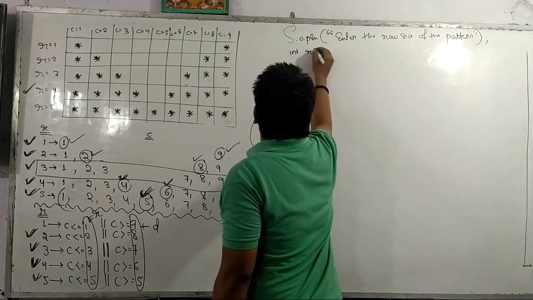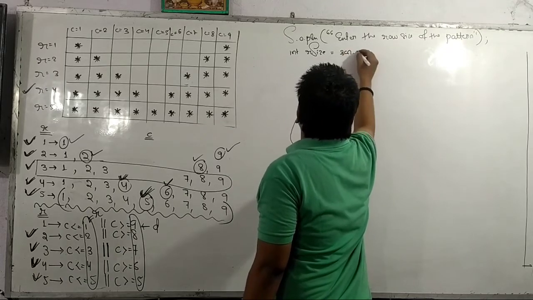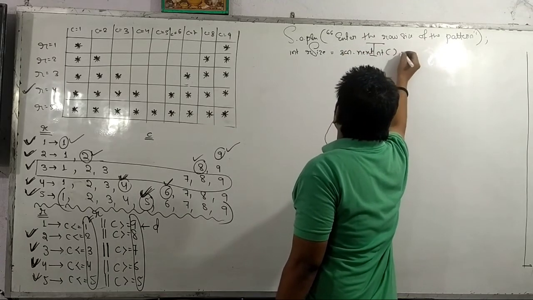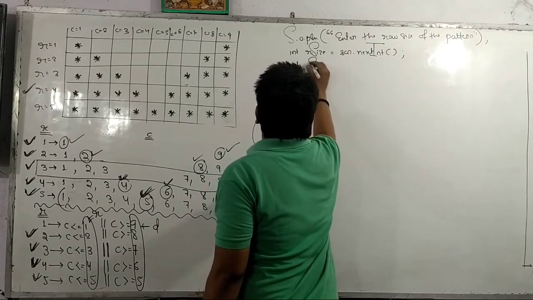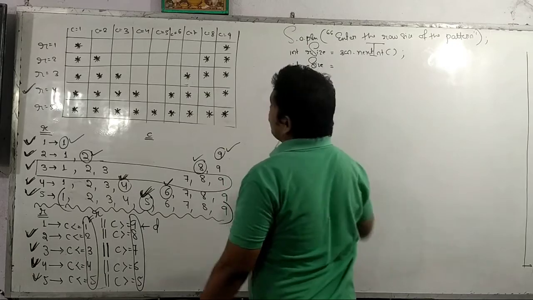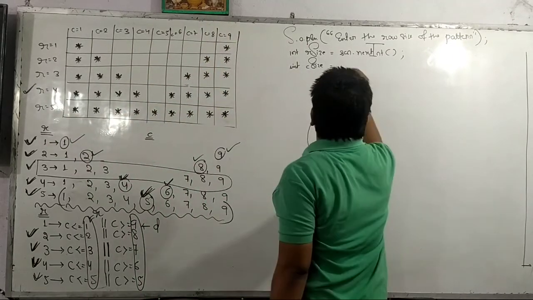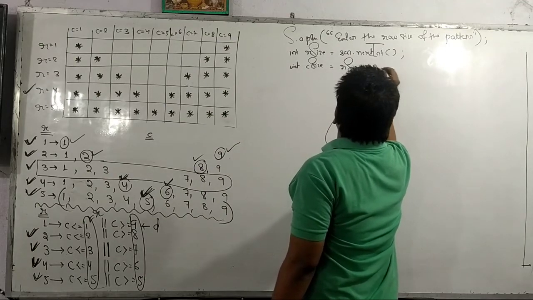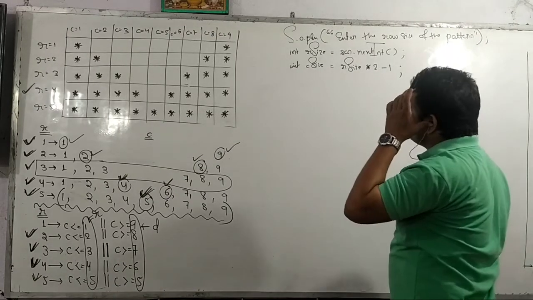Int R size is equal to scanner object dot next int. Int C size we have to calculate. What is R size? It is 5. C size is 5 2s are 10 minus 1. So C size is equal to R size into 2 minus 1.